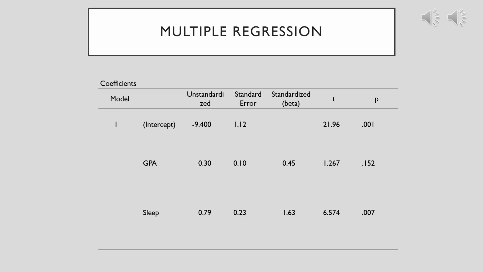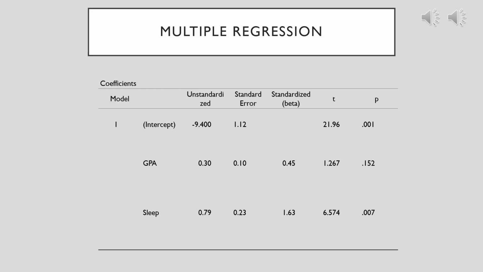Okay, so this is how you would interpret 0.30 in this case as the slope. This means for every 1 unit increase in GPA, we would expect happiness to increase by 0.30 on the scale of 1 to 10.